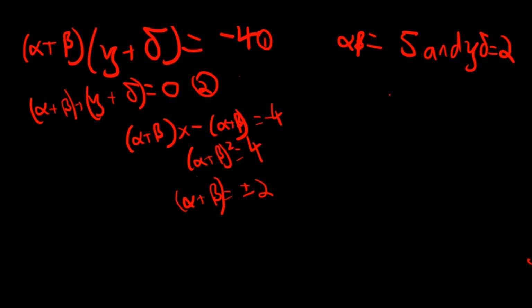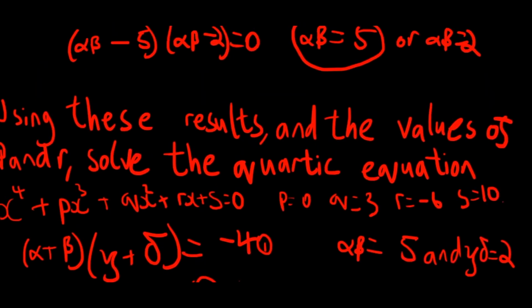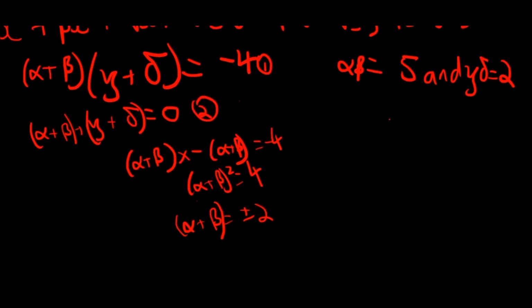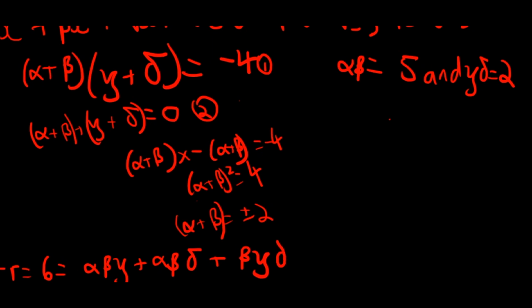If we now do what the question says again and consider the value of r, well, r is the x term, and so we will have minus r, which is equal to 6, is going to be equal to alpha beta gamma plus alpha beta delta plus beta gamma delta plus alpha gamma delta.